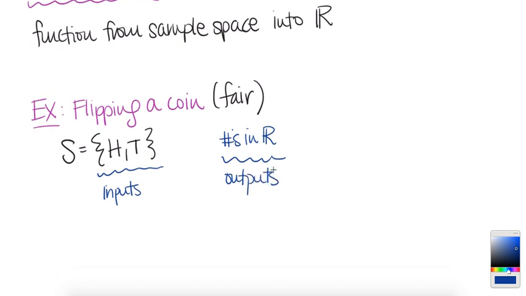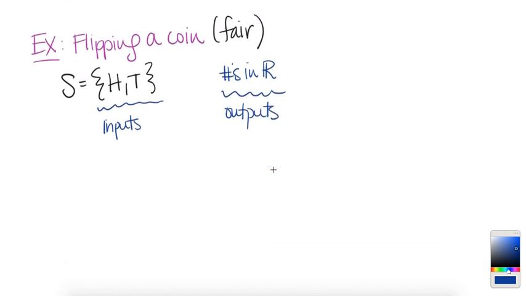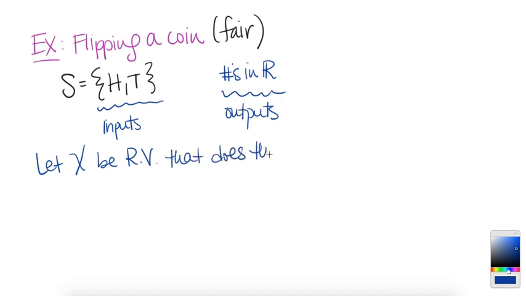Okay, and I am going to call our random variable X. So we're going to say, let big X be the random variable that does the following. Basically, the only inputs we have to worry about are heads or tails, so I need to define our function on that.